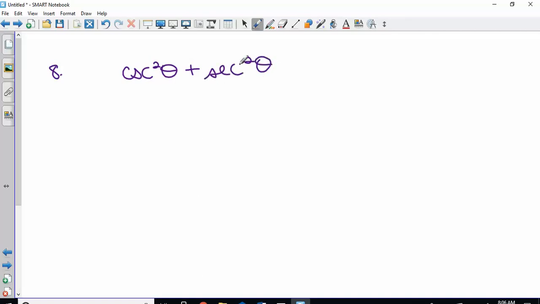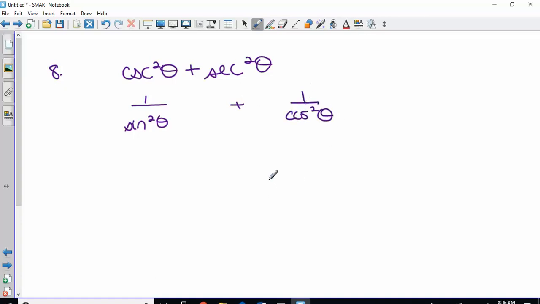So we check first if there's any obvious identity, which there's not here. So when in doubt, if you don't know what else to do, what do we always start with? Sines and cosines. So cosecant is the reciprocal of sine. Secant is the reciprocal of cosine.